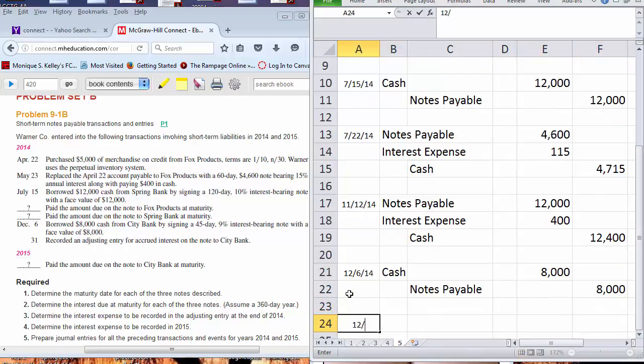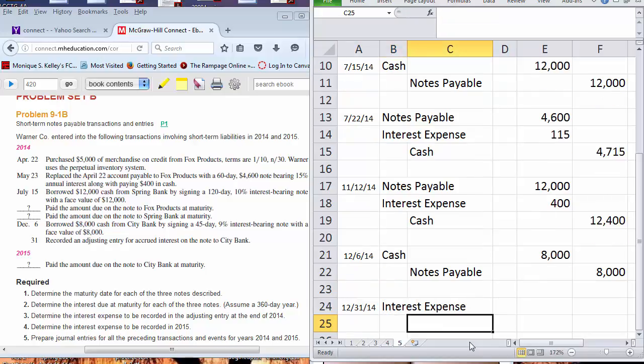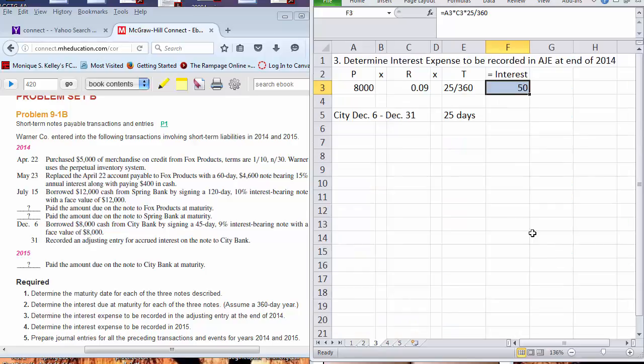And then of course we'll do our adjusting entry because we are on a calendar year. We haven't done any prior, so we're going to do interest expense debit and interest payable credit. And the amount will be the amount we determine on the third tab.